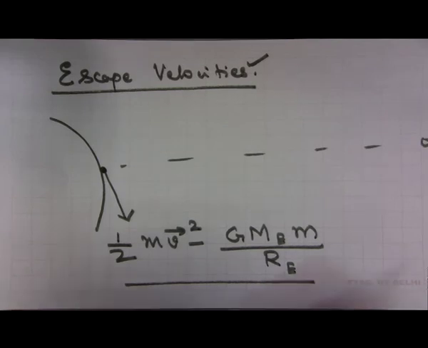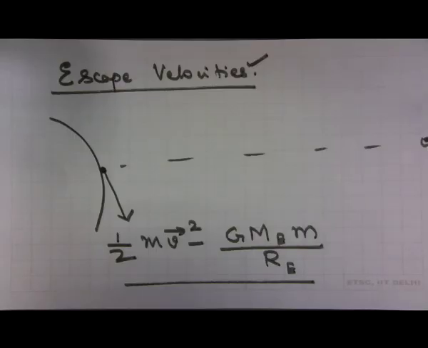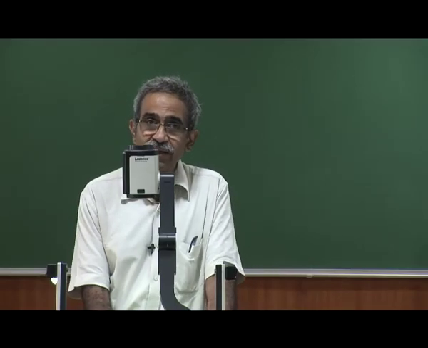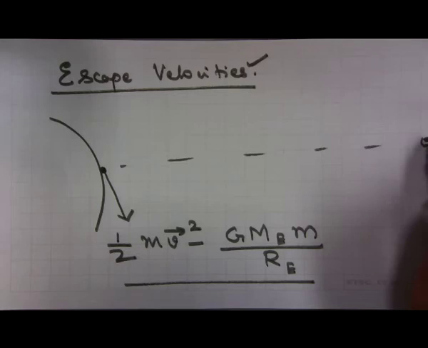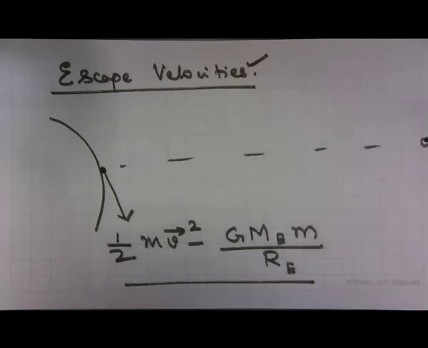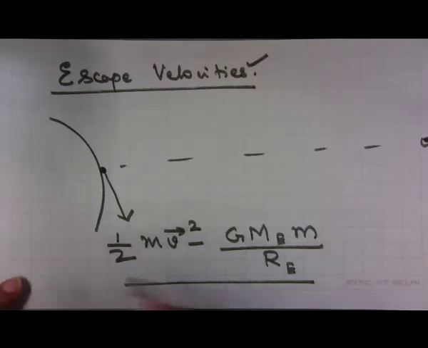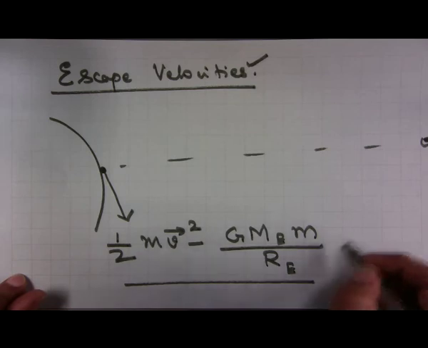Now, what is the minimum energy that I should supply this body so that it can reach here? After that, you can supply excess energy. What is the minimum energy that I can supply? If it had excess energy, that means even at infinity, it would have had more energy than being at rest. So the minimum energy required for escaping is that this is equal to 0.